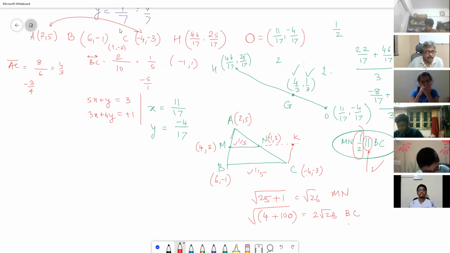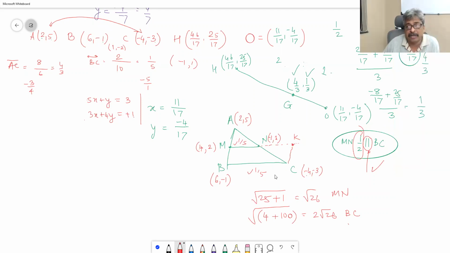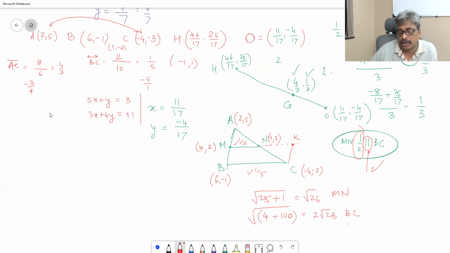Like point of intersection, we have found out. If we cross check by putting that point in the two lines which we have, then only you are sure whether your point is correct or not. Otherwise, if you make a small mistake of plus or minus somewhere, it will not give you the correct answer.